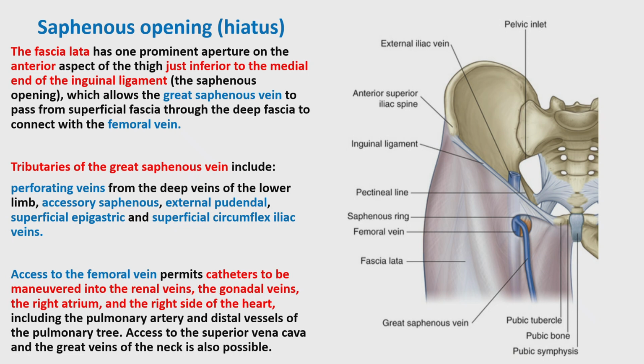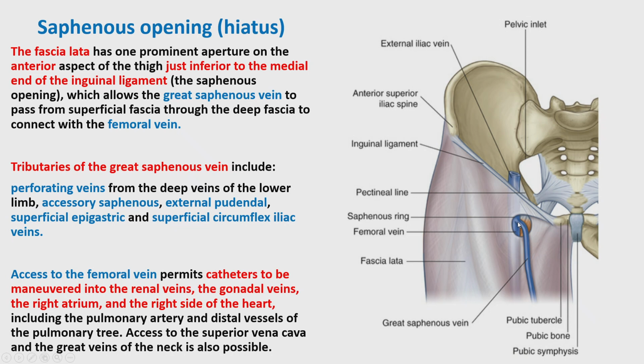The vena saphena magna, or great saphenous vein, as we mentioned, is on the medial aspect of the leg and goes upward. Under the inguinal ligament there is a saphenous opening, or saphenous hiatus, where it penetrates the fascia of the anterior thigh, called the fascia lata.